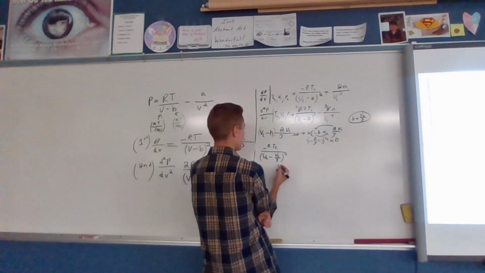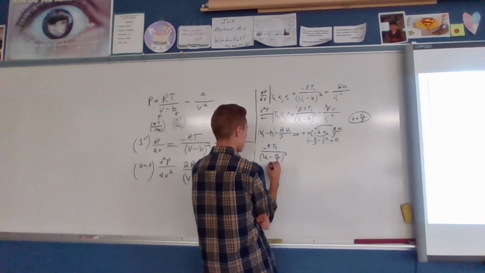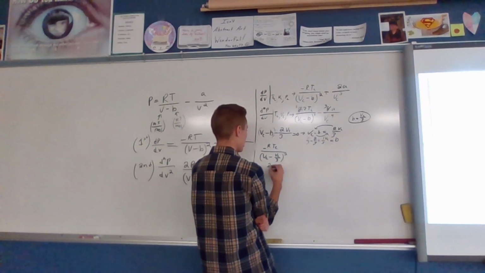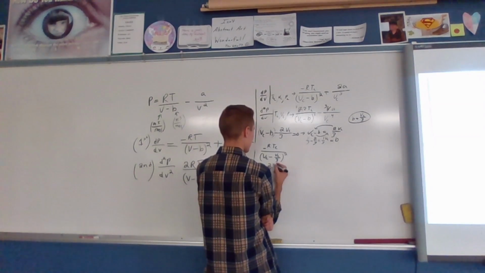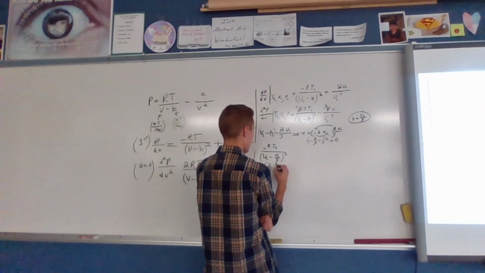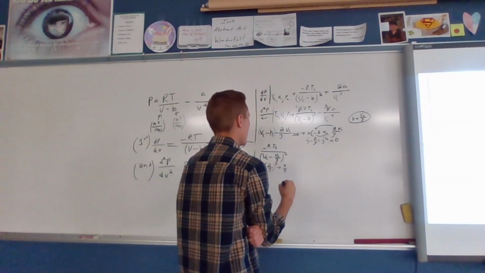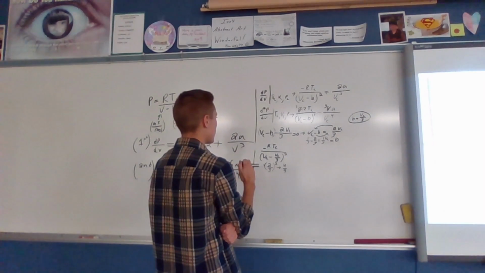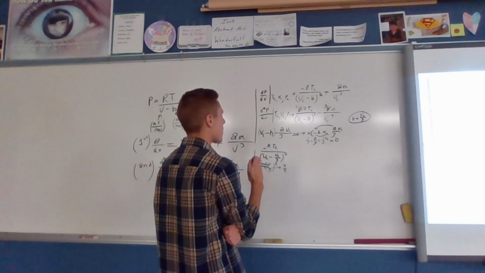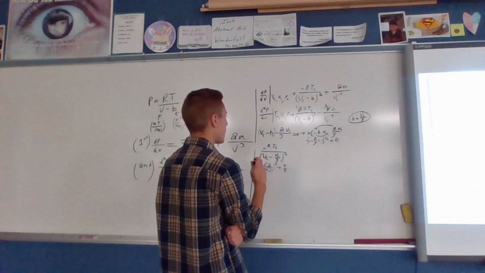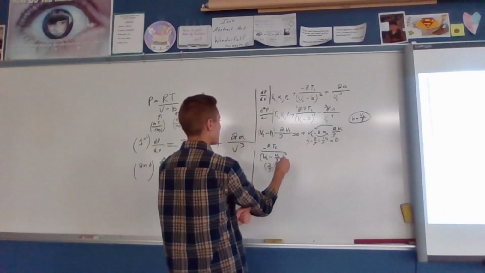So this simplifies down to 2/3, and 2/3 squared is 4/9. We are going to take a reciprocal of this, flip it around.